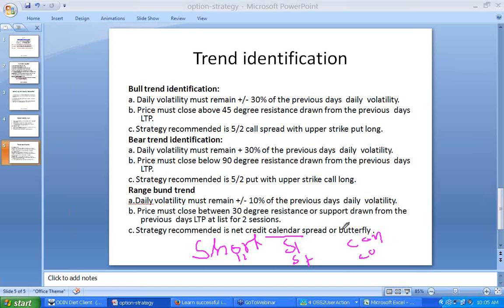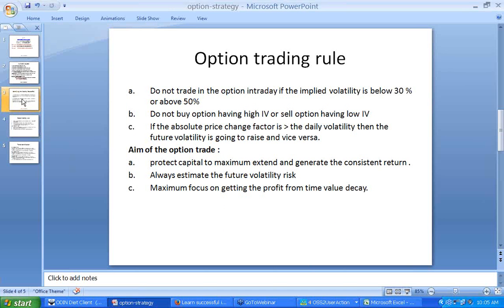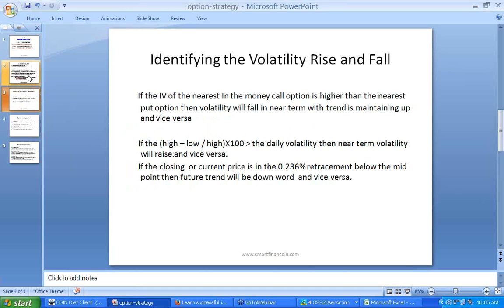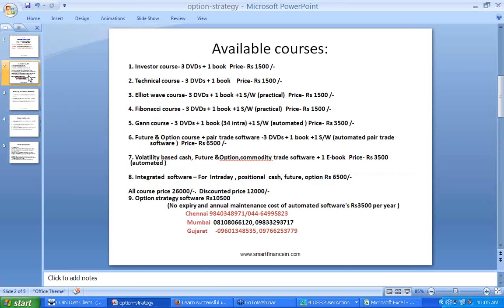These are the strategies you can form. But in the bull trend and bear trend, you can form a 5/2 call spread or 5/2 put spread. But have a look at the volatility also, how the volatility is going to behave, that is also very, very important. From IV, you will take a clue on how the volatility is going to behave.